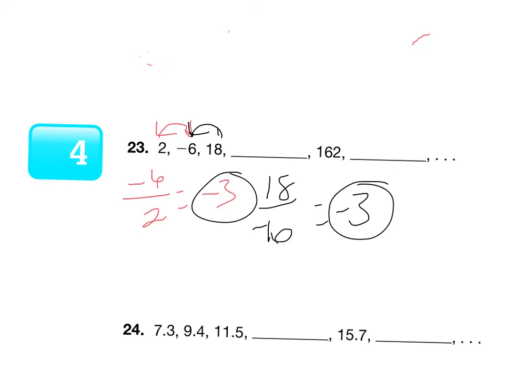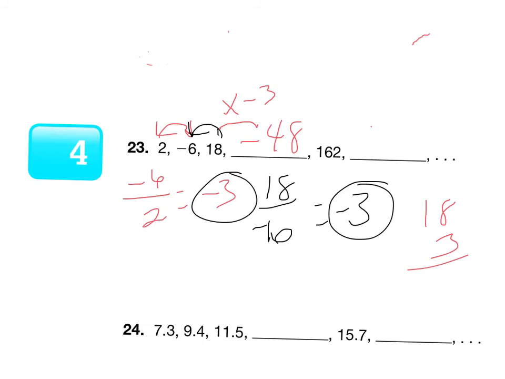So basically you want to multiply by -3. That'll be 18 times 3, that's 54, so it'll be -54. Okay.